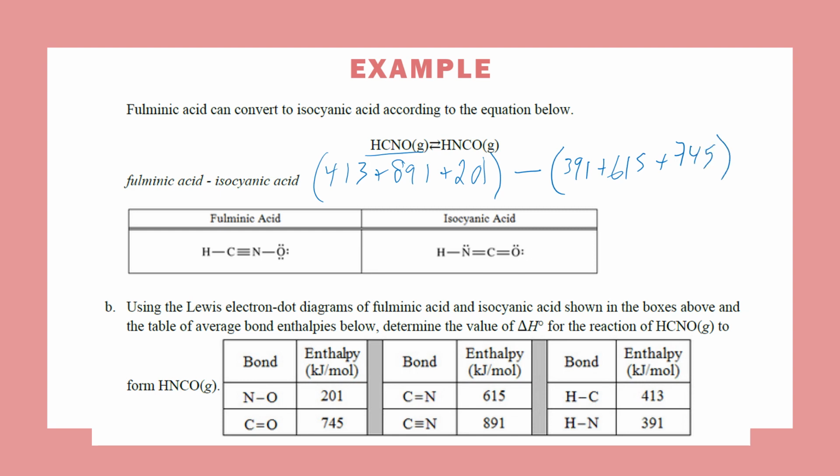So when we add and then subtract, we get -246, and that's kilojoules per mole of reaction. And that's our final answer for B.